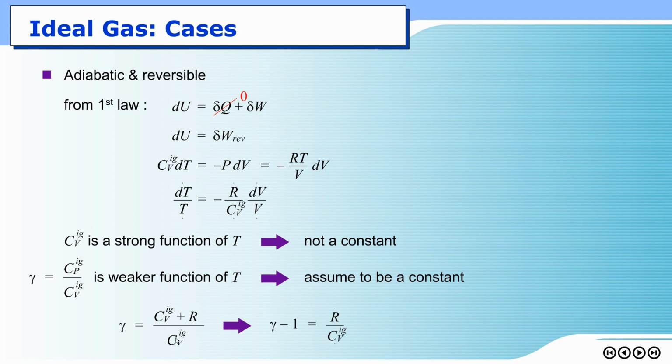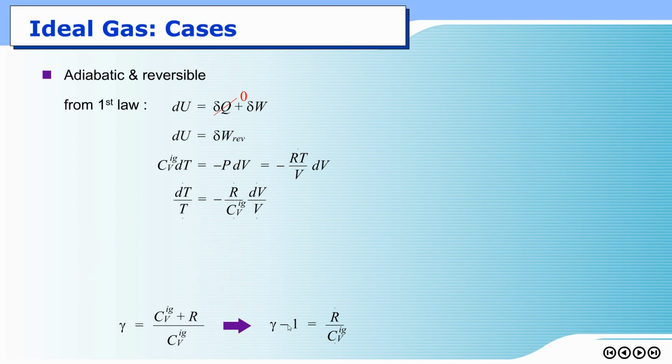If you divide by Cv, you get gamma equals 1 plus R over Cv, and move 1 to the left hand side, you end up with this relationship. You should notice that R over Cv here is the same as R over Cv over there. So we can replace this term by gamma minus 1, ending up like this.